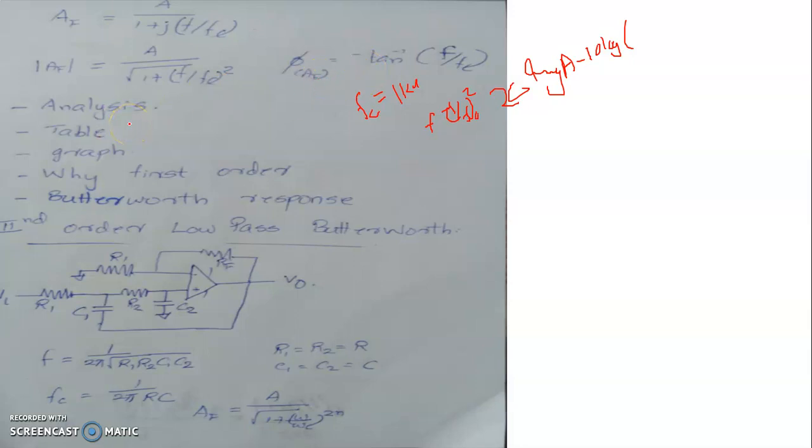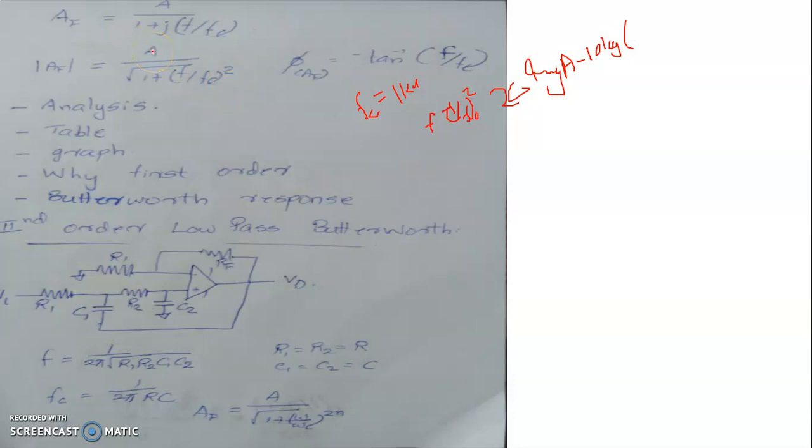And what we see is that as the frequency is very small, the gain is a constant, that is A. As the frequency increases, the gain continues to be constant. As the frequency becomes equal to Fc, the gain is found to be 3 dB lesser than the maximum gain.